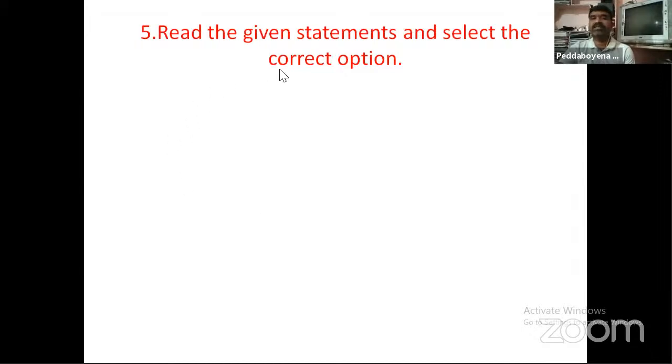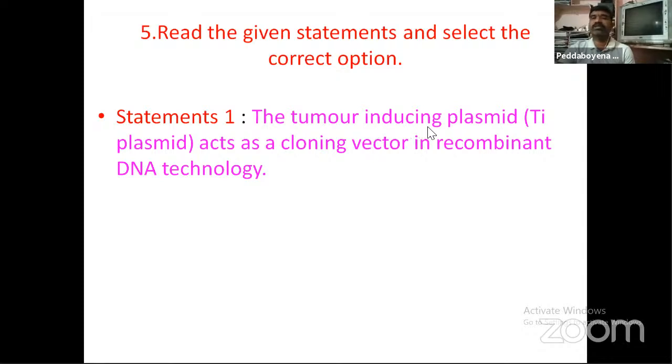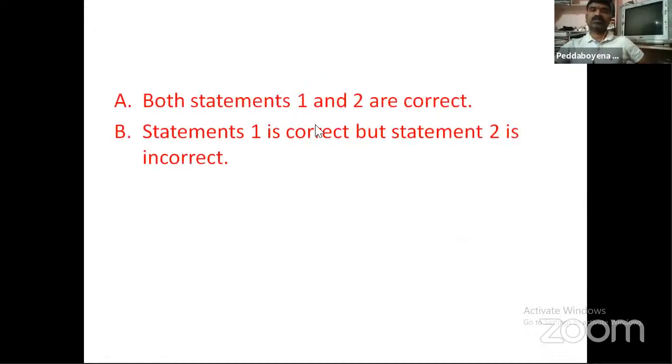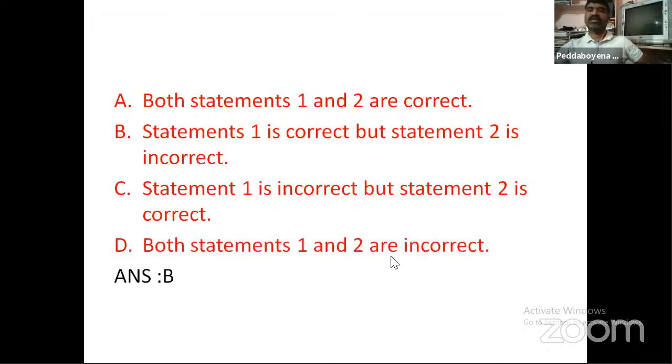Next, read the given statements and select the correct option. Statement one: the tumor inducing plasmid, Ti plasmid, acts as a cloning vector in recombinant DNA technology. Statement two: the Ti plasmid which is used in the mechanism of delivering genes to a cell remains pathogenic. The options are both correct; statement one correct but statement two incorrect; statement one incorrect but statement two correct; or both incorrect.